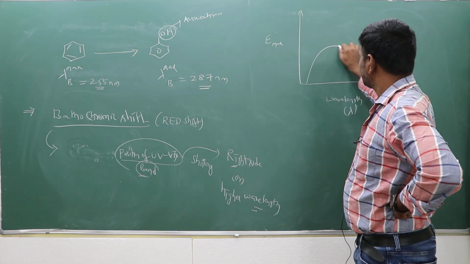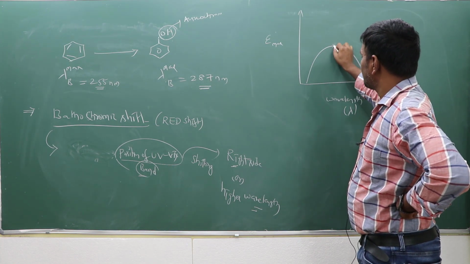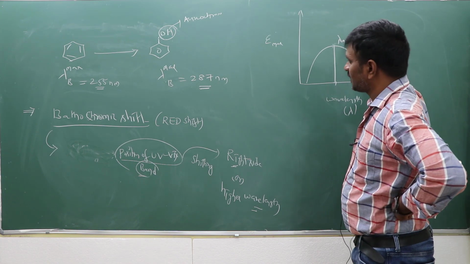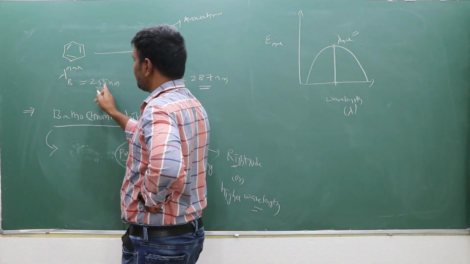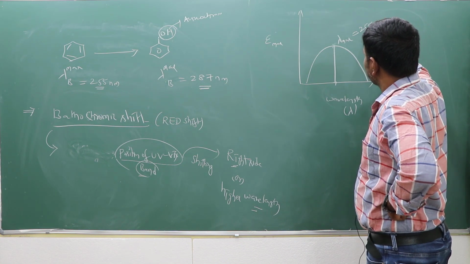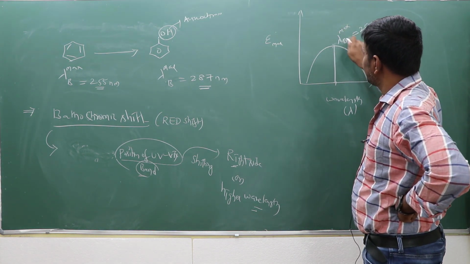So this lambda maximum of the benzenoid band is 255 nanometers.